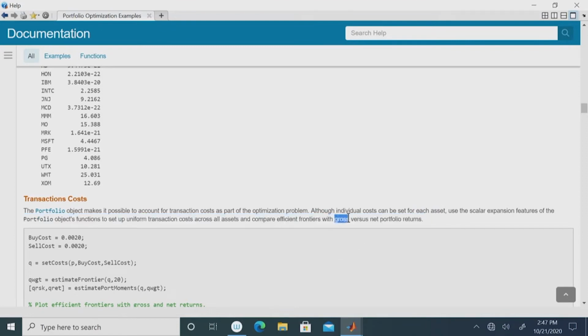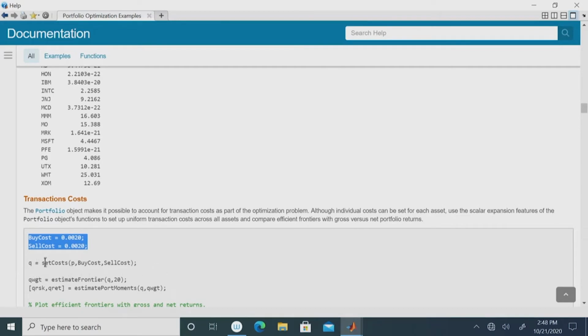The gross efficient frontier is the efficient frontier without these costs being included, and the net portfolio is the one where these costs are included. Here, for illustrative purposes, the buying and selling costs are both 0.0020 or 0.2%, but of course you are free to choose other values depending on the cost involved, and instead of having uniform cost, there is room for setting up individual cost for each asset separately.